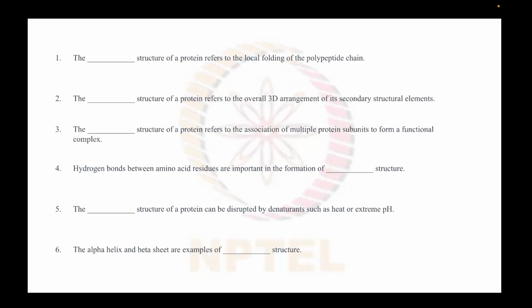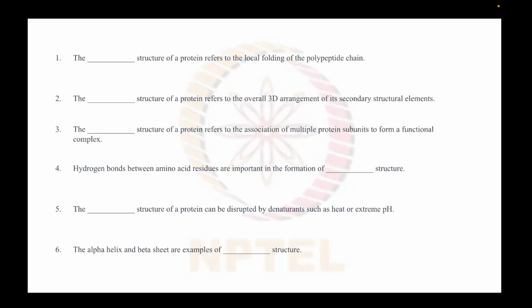Next: what structure of a protein can be disrupted by denaturing agents such as heat or extreme pH? It is generally tertiary structure.